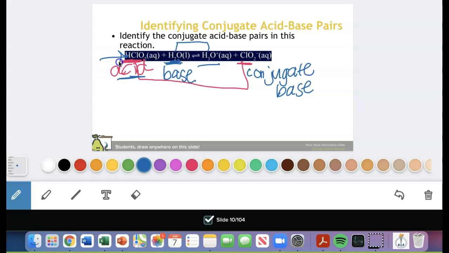So this guy lost its hydrogen and the water took it. They're like exchanging hydrogen ions. So this is a base, and this guy is called its conjugate acid. So again, these are conjugate acid-base pairs. So we're going to do some more practice.